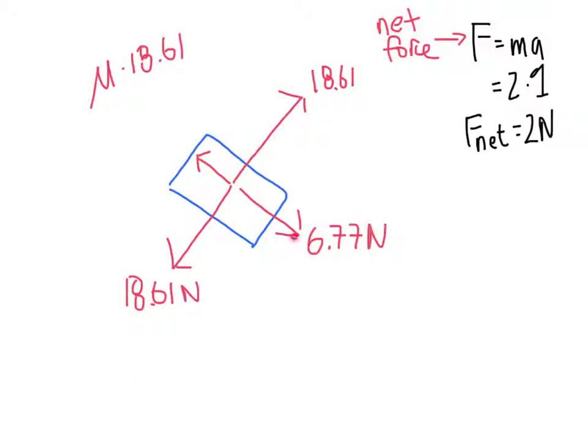So we can say force down the plane minus the force up the plane equals the net force. Force down the plane minus the force up the plane, oops, I'm running out of space, equals the net force.